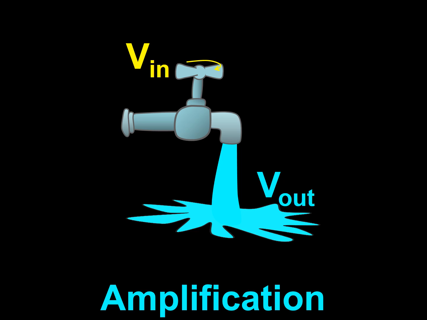The analogy between the water faucet and a transistor becomes patent if we think of the minor force used to turn the handle as the voltage going into the transistor, the battery, which has not been presented in these frames, as the water tank, and the splash as the voltage going out.